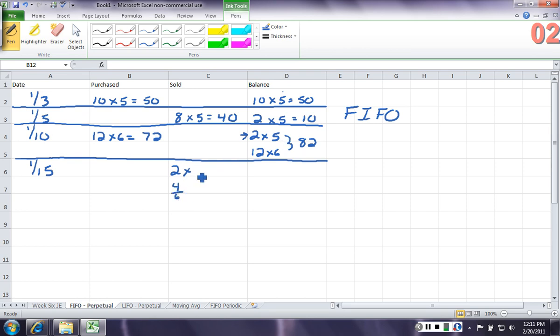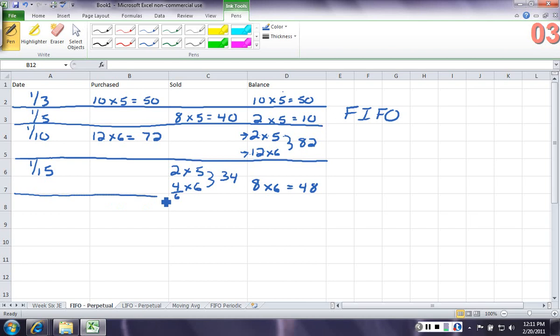I sold 2 from this layer at 5, and these 4 had to come from this layer, or 6. So 2 times 5 is 10, 4 times 6 is 24. Add them together, I have a cost of $34. I sold all of this layer, that layer's gone, and I sold some of this layer, so I have left 8 at 6, or $48.